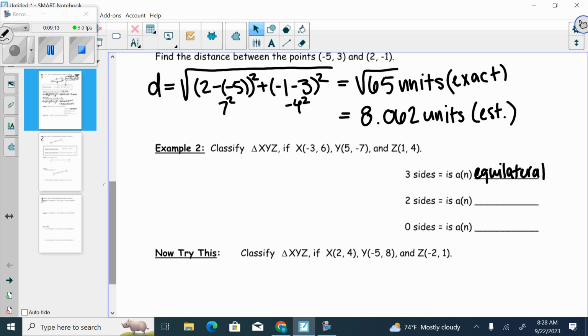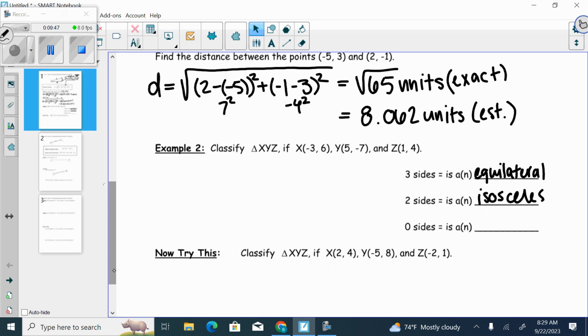All right, and if 2 of the sides are congruent, anybody remember what we call that? Yes. I think you said it. What did you say? Isosceles. Close. Isosceles, yes. All right, and then lastly, if none of the sides are the same, I remember what we call those.